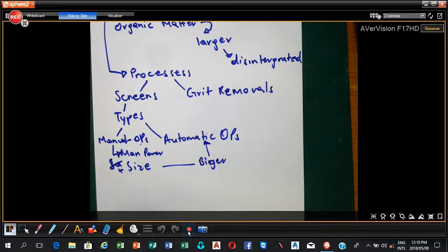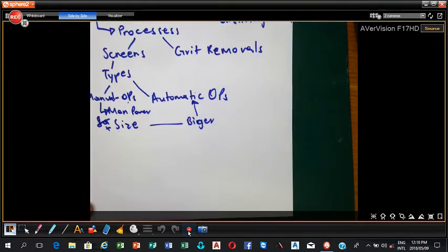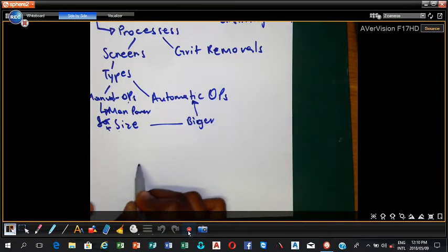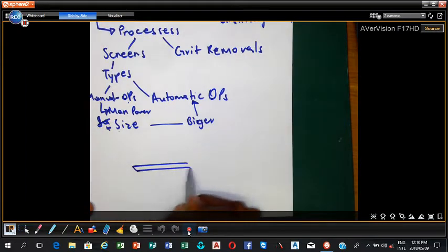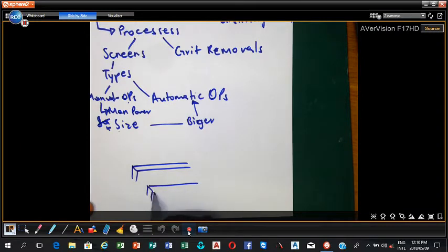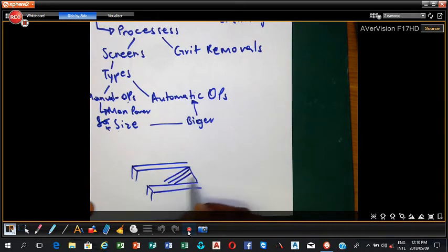Now, what happens in manual operated screens? How does it work? For instance, take into consideration that you've got your own channel. Now, if that is your channel, there you will notice that your screens will be at an angle.